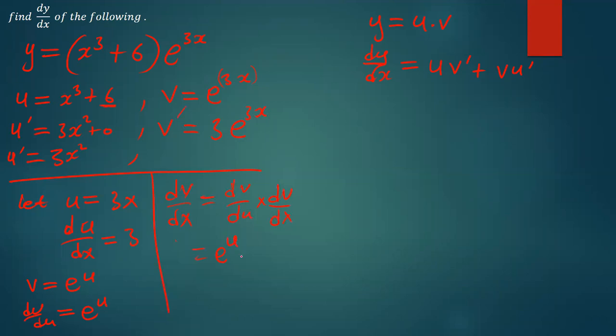Then I'm multiplying this with du/dx, which is simply 3. So when you multiply this, you're getting 3e to the power u. But we know u is equal to 3x. So this can be written as 3e to the power 3x. So what I did here was just a short format of solving it.